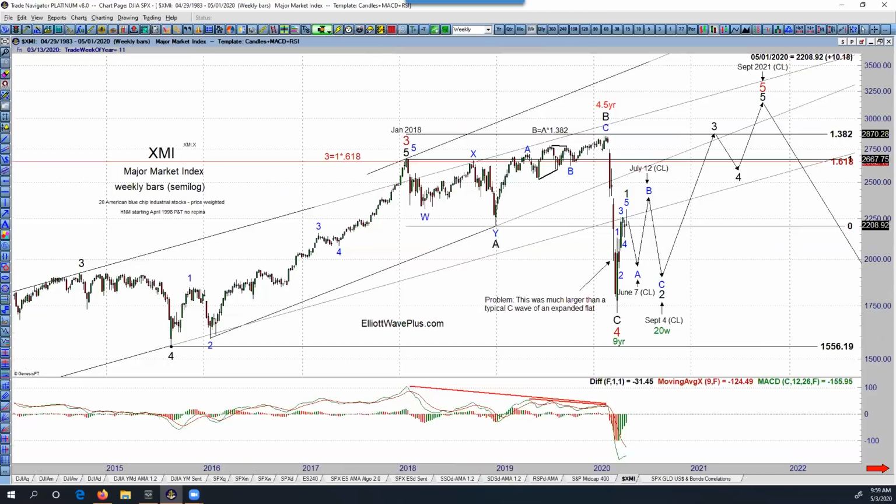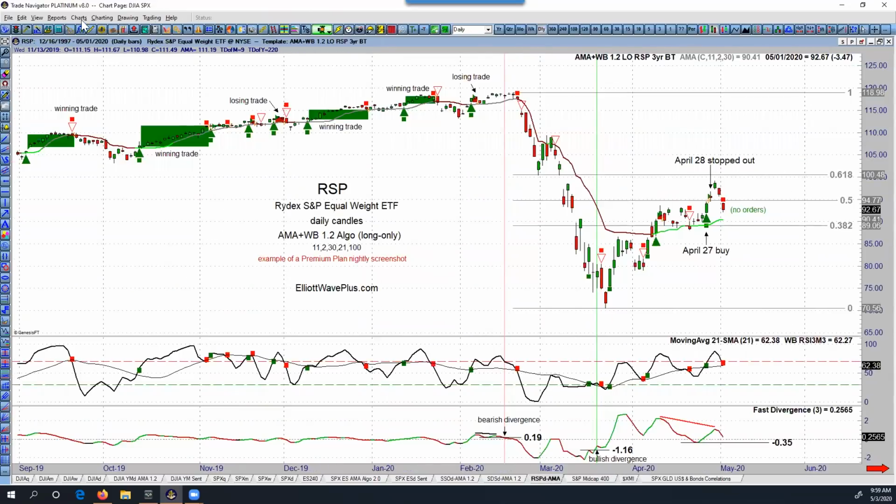And I wanted to bring to your attention a new item. This looks really interesting.